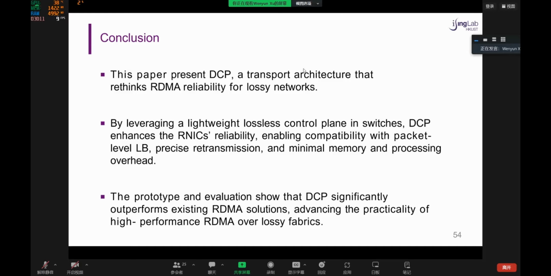The prototype and evaluation show that DCP significantly outperforms the existing RDMA solutions, advancing the practicality of high-performance RDMA over lossy fabrics.